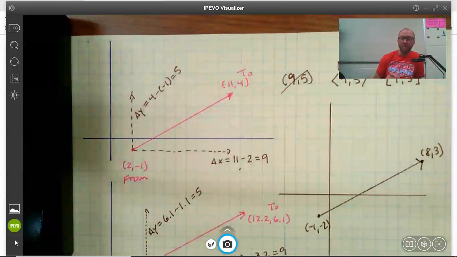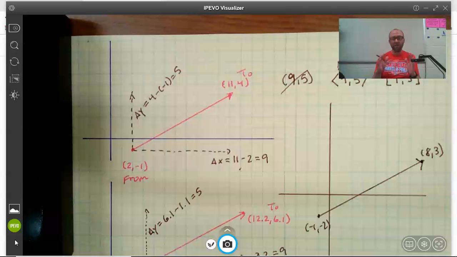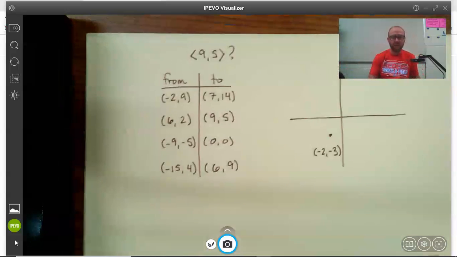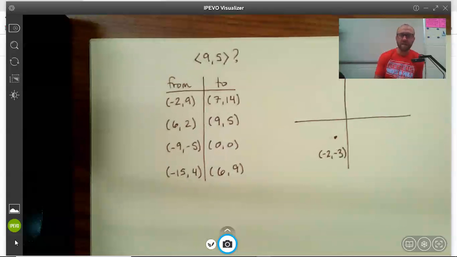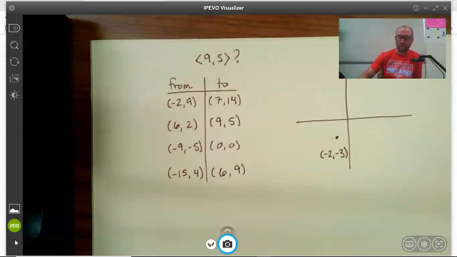These all represent the same vector because it's the same horizontal change and vertical change from beginning to end, even though it occurs in different places on the grid. It's the same amount of change. If I wanted to check to see if a pair of endpoints represents that vector, then I would just have to calculate my horizontal and vertical change for each.